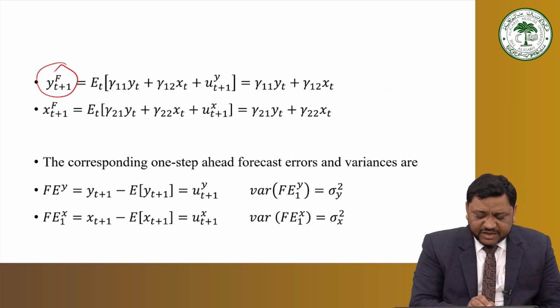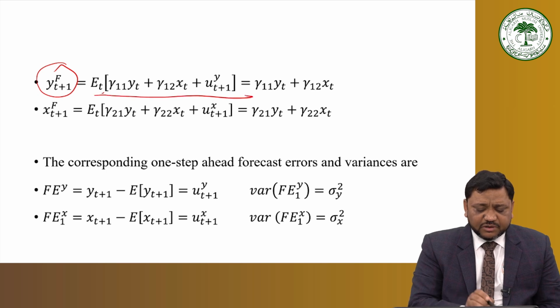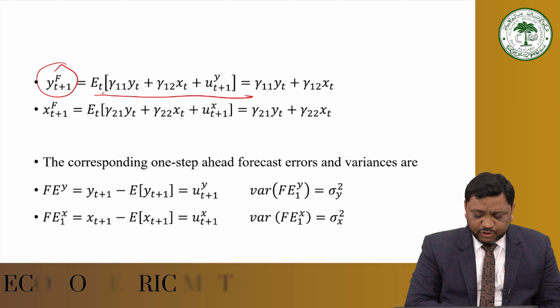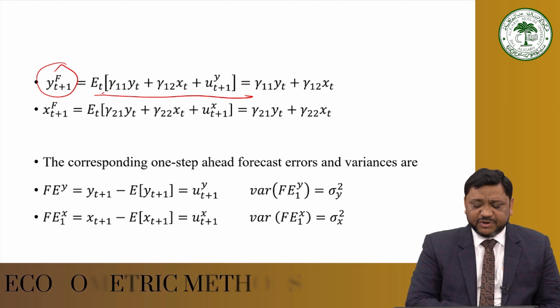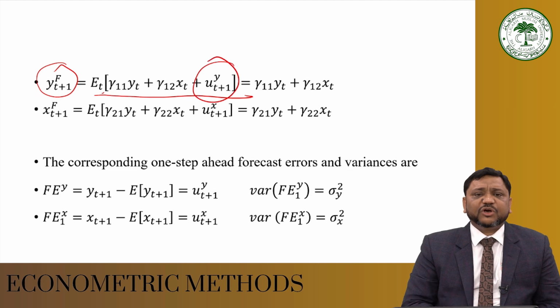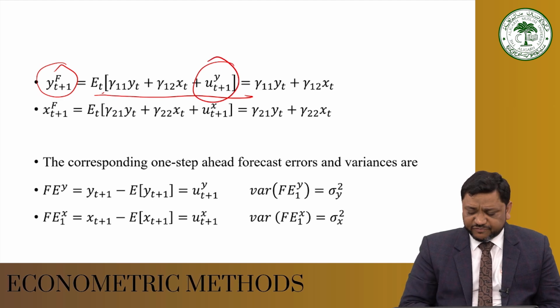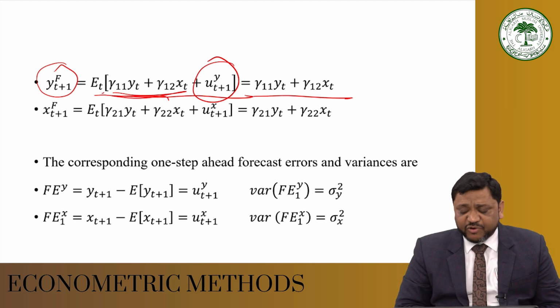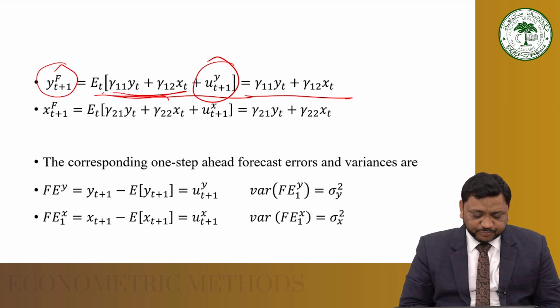So we can write it as the expected value of gamma 11 yt plus gamma 12 xt plus the error of y at t plus 1. Now when we take the expectation, because this is an error term, its expectation is 0, so we are left with only gamma 11 yt plus gamma 12 xt.